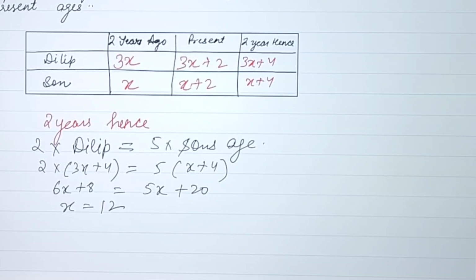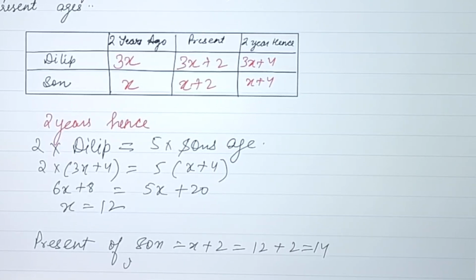But they are asking the present age. Present age of son will be x plus 2, that is 12 plus 2, that is 14. And Dilip's present age will be 3x plus 2, that is 36 plus 2, 38. This is your answer.